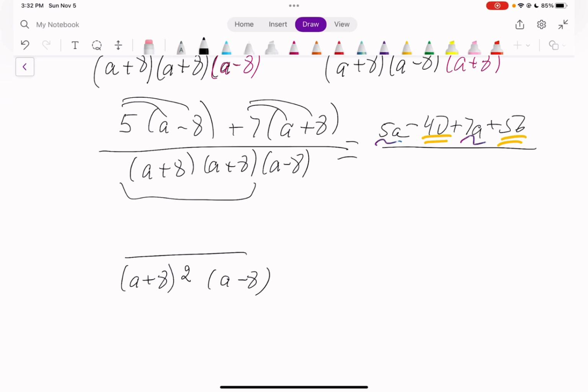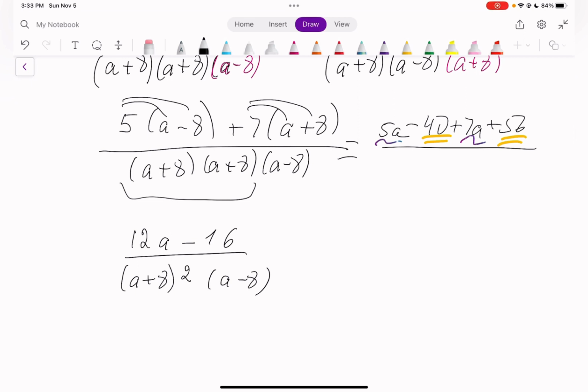Okay, 5a plus 7a, it's gonna be 12a. And minus 56 minus 40, it's gonna be 16. I could take 4 out in numerator, but I don't have anything to reduce. So I'll just keep it the same. If it won't accept as an answer, then I'll take 4 out. We'll see how it will work.